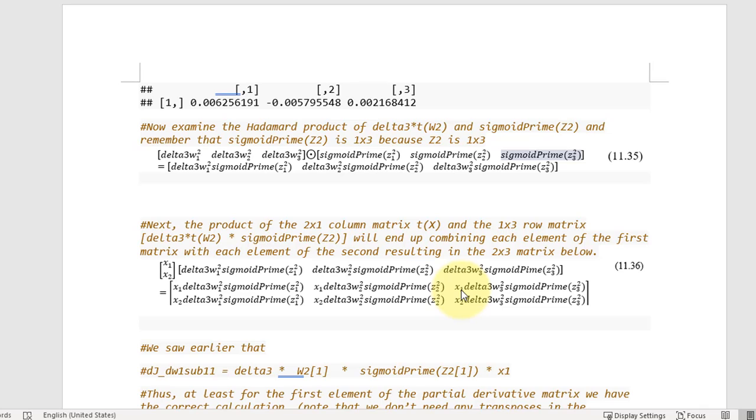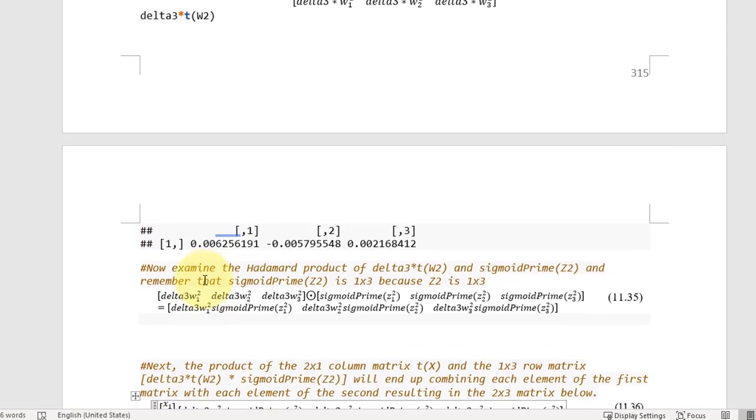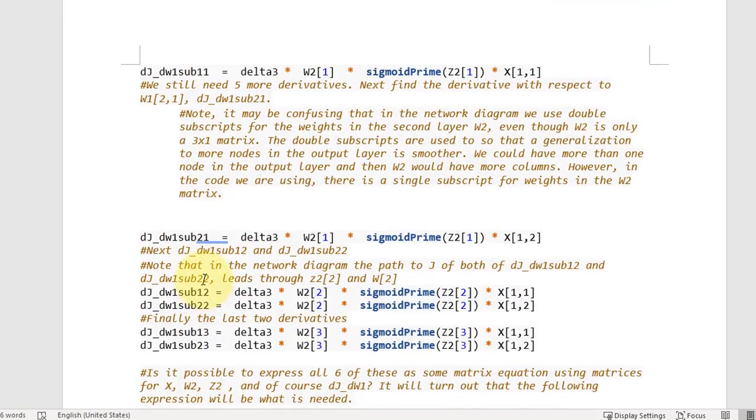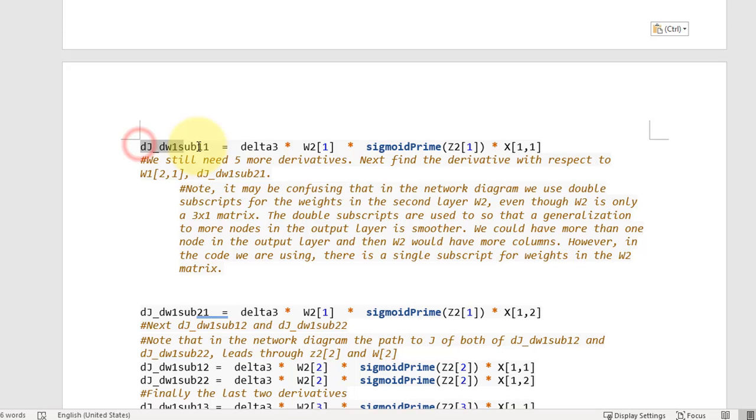And then, is this really what we want? Is this, for example, equal to this, or equal to this? So let's just copy that and see if it is.